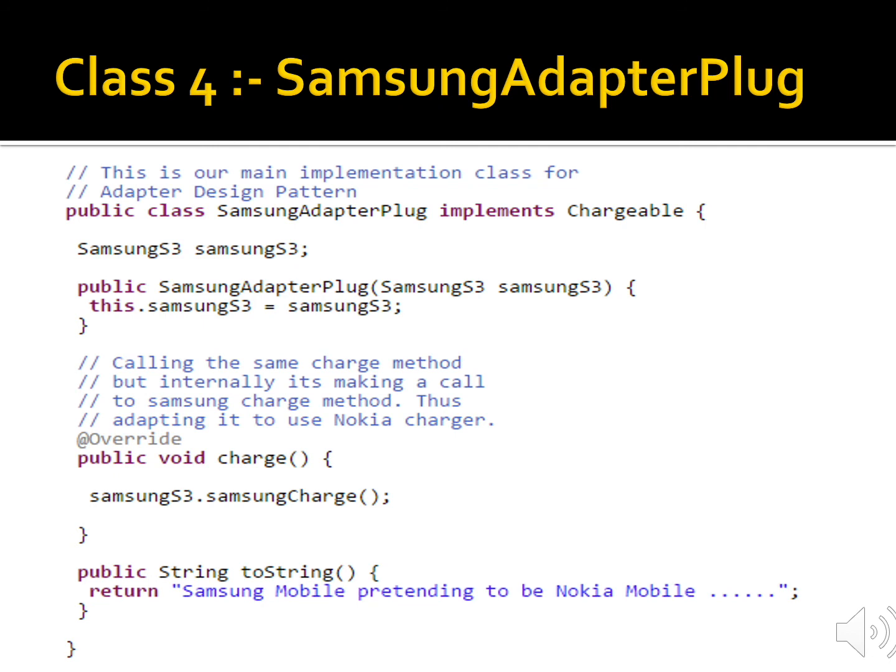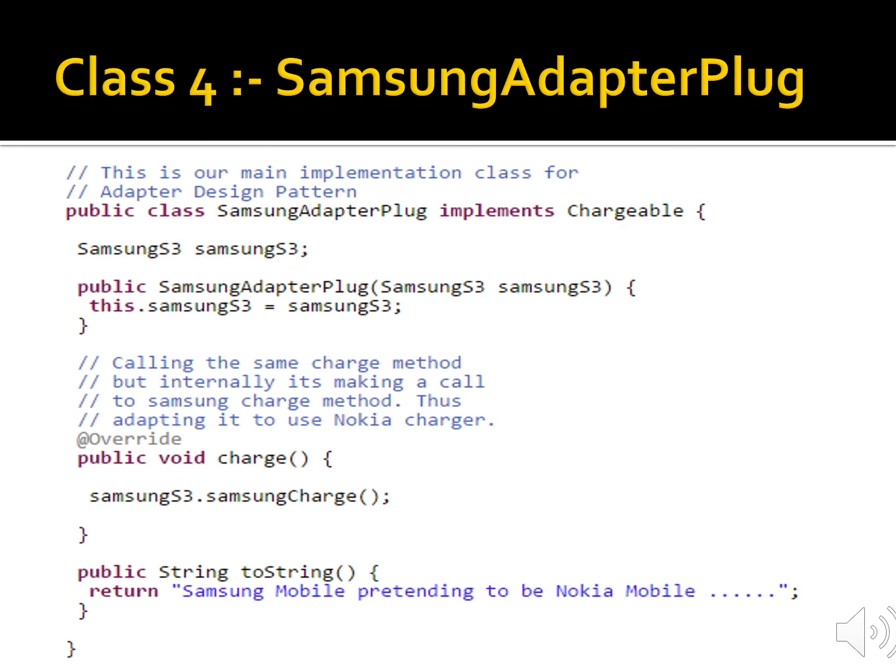You can see that using composition, we have referred to the instance of the Samsung class, and inside this charge method, we are invoking the Samsung charging functionality. So when we implement it using the second form, we can easily override the charge method.